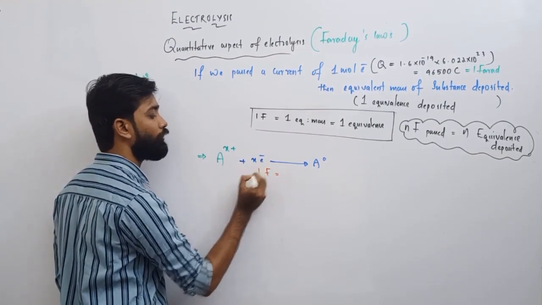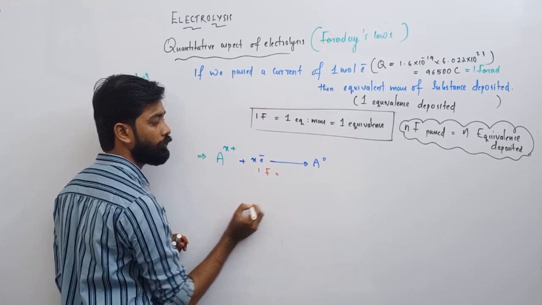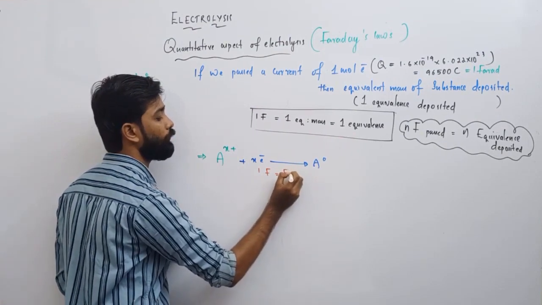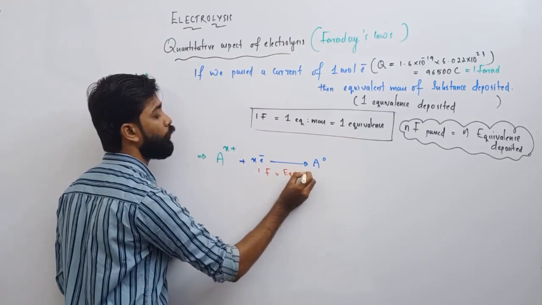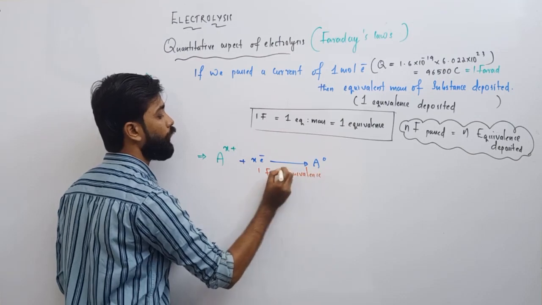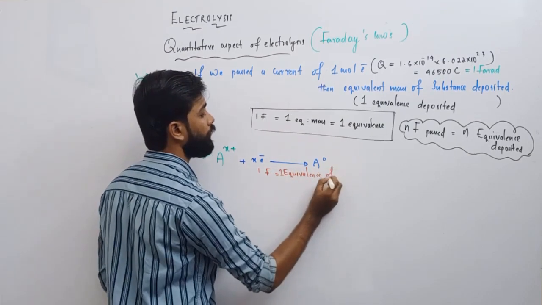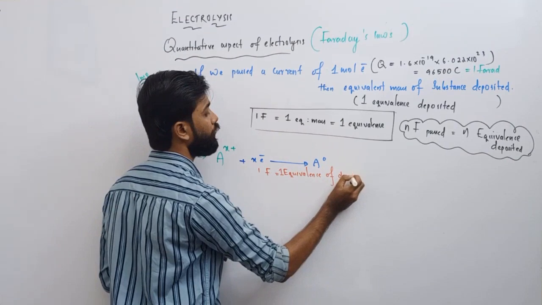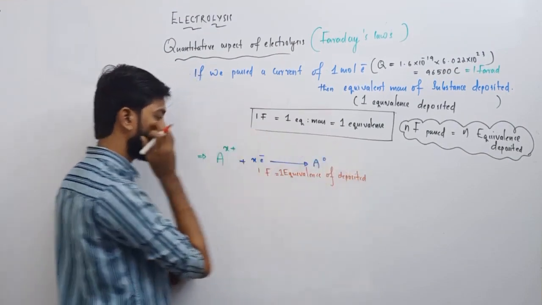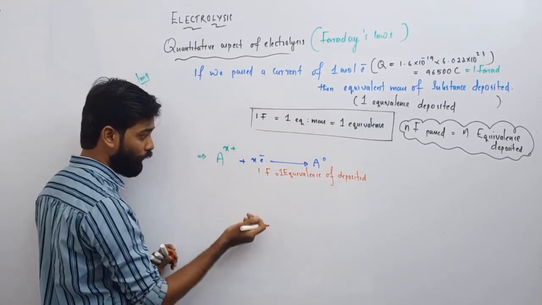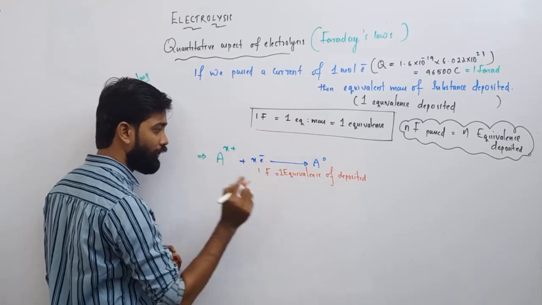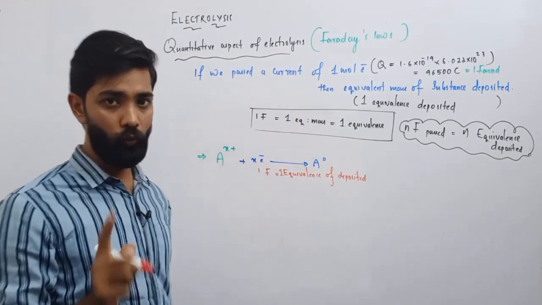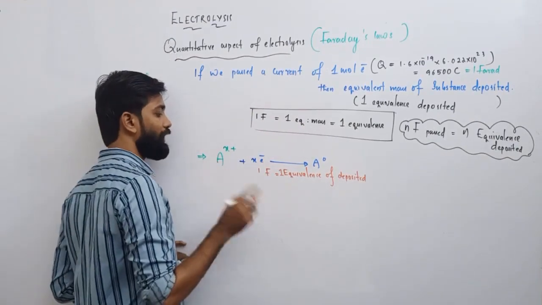Then if you pass 1 farad, what happens? 1 equivalence of A is deposited, fine. This is already defined, but I preferred you to study this point.